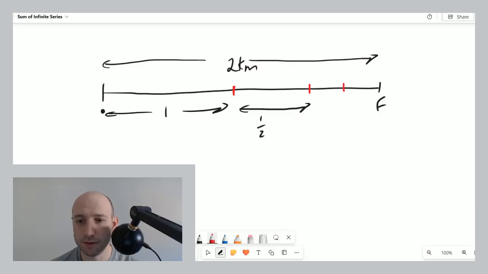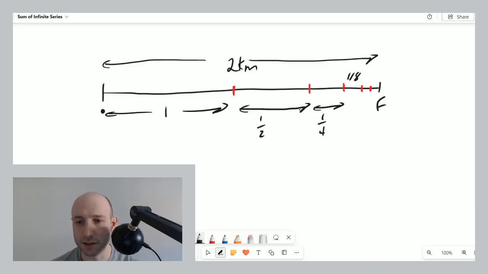Then you move here. Well, that's going to be a distance of 1/4, right? It's half of what's left, which is half of what you just traveled, right? That's 1/4. Then you move here, okay? Well, that's 1/8. Then you move here, okay?